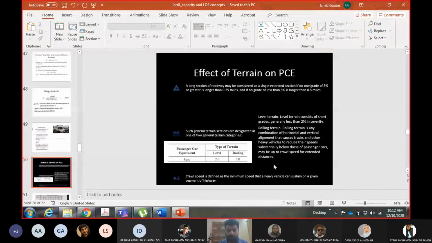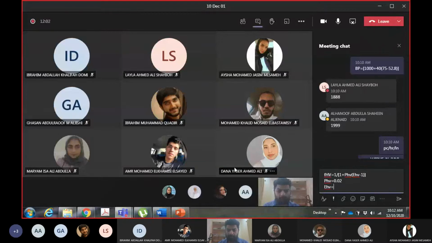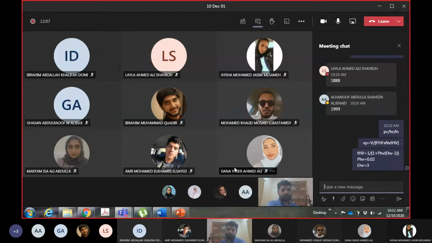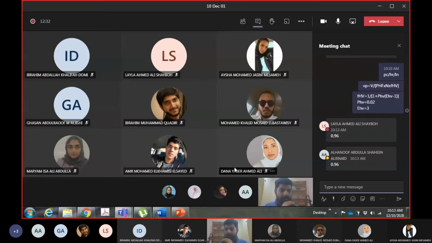For rolling terrain, EHV is 3. So give me FHV here. It is 0.96. Okay, so now you can calculate Vp.